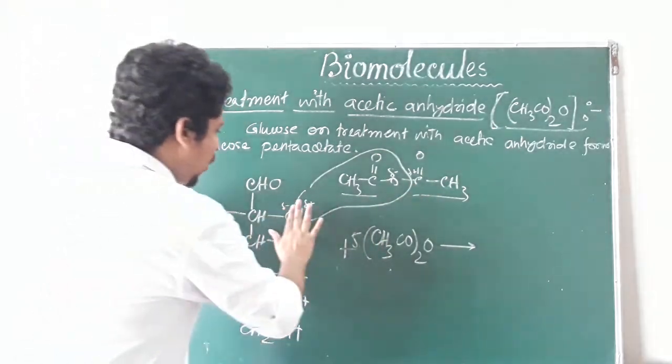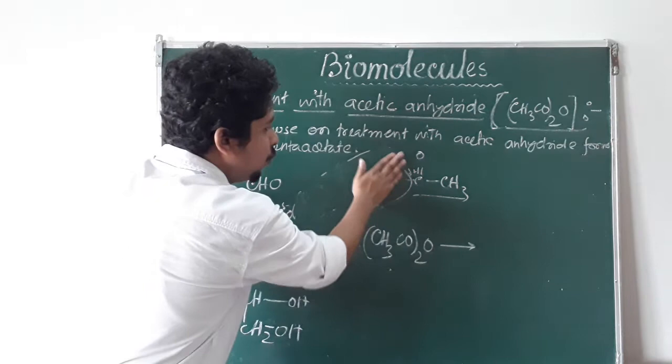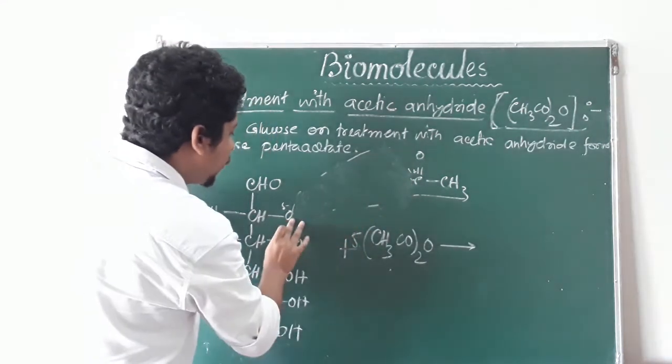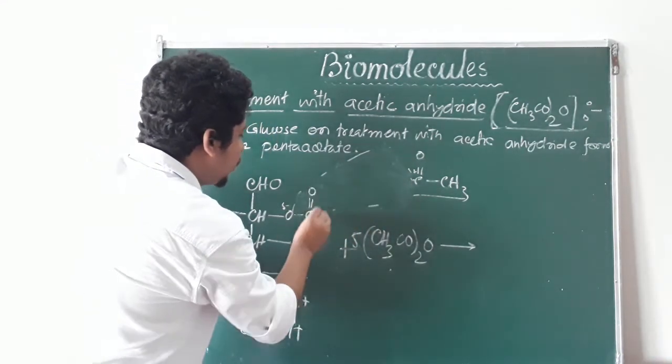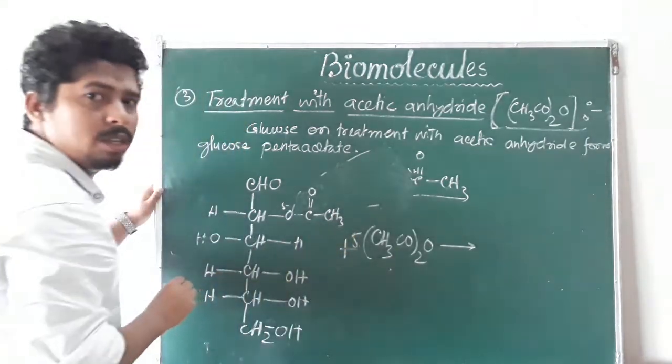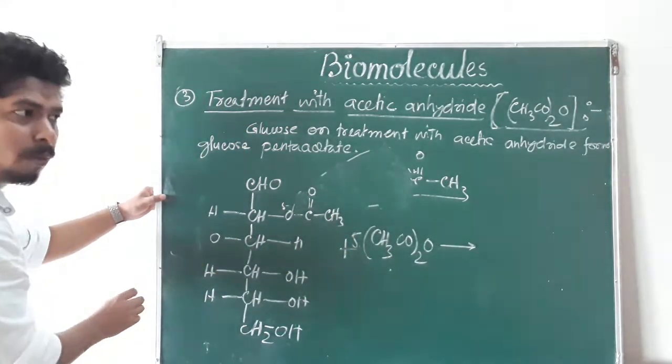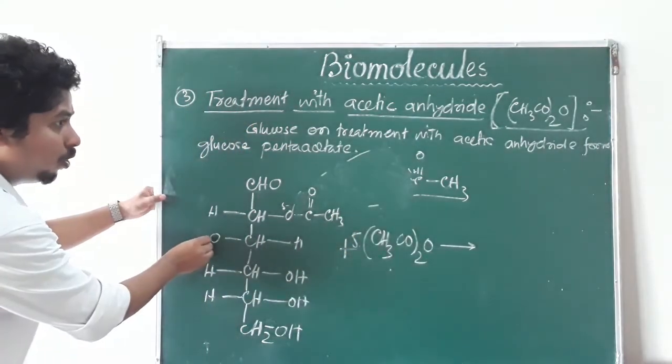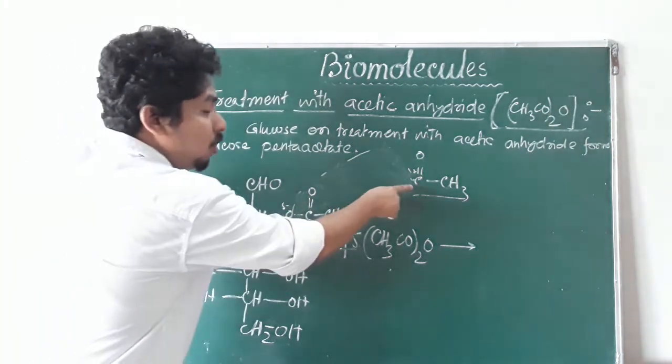After the removal of this group, we are left with OCOCH3. Similarly here hydrogen will be removed, and we are left with O then COCH3.